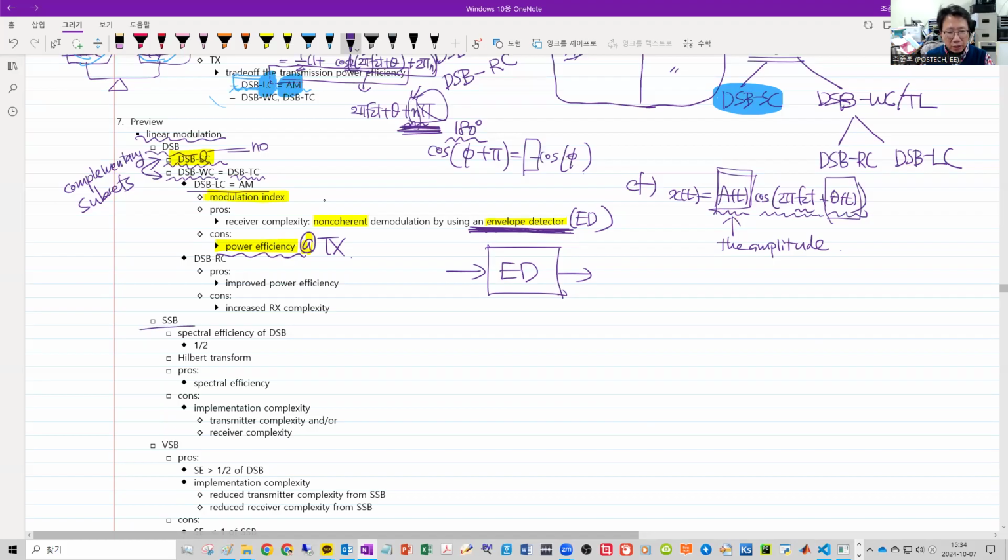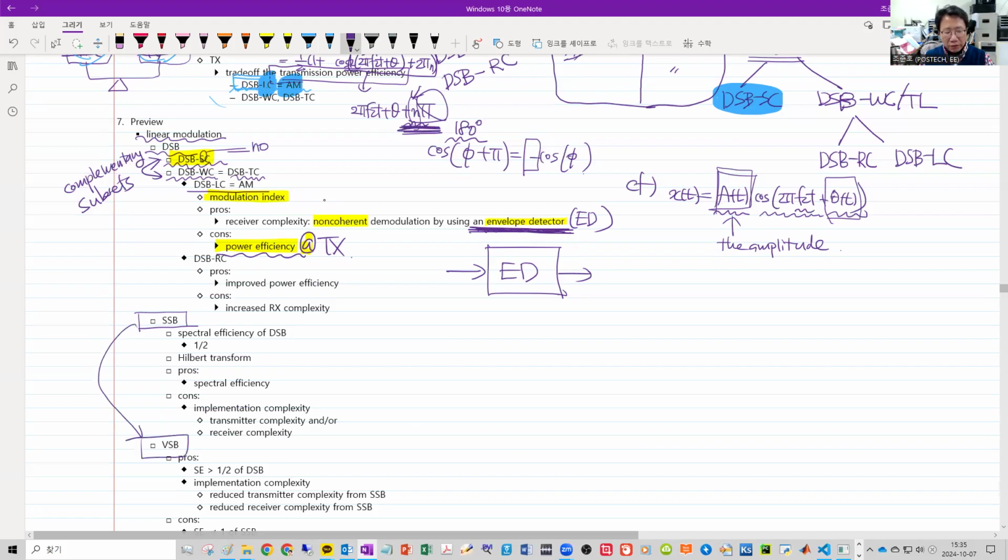We will see something called single sideband modulation, probably not in today's class meeting, but in the next. Of course, single sideband modulation tries to improve double sideband modulation. And always, if there are pros, there are cons, so they have some compromise.